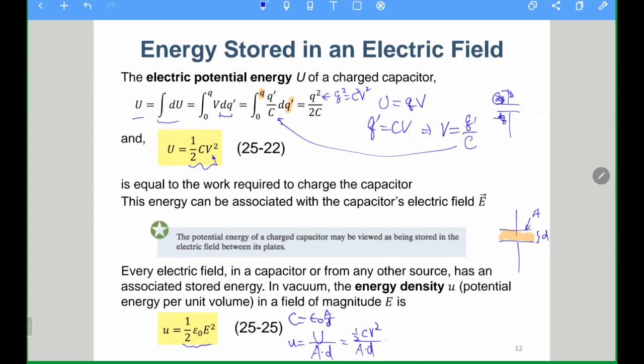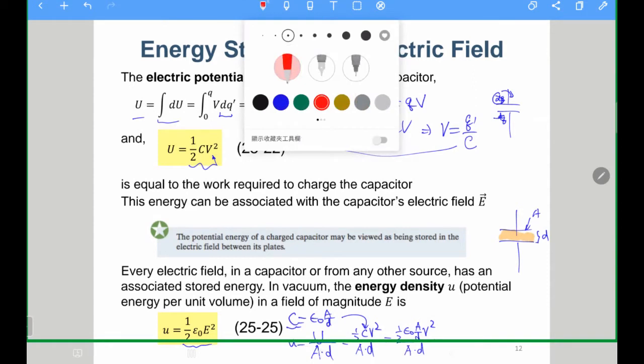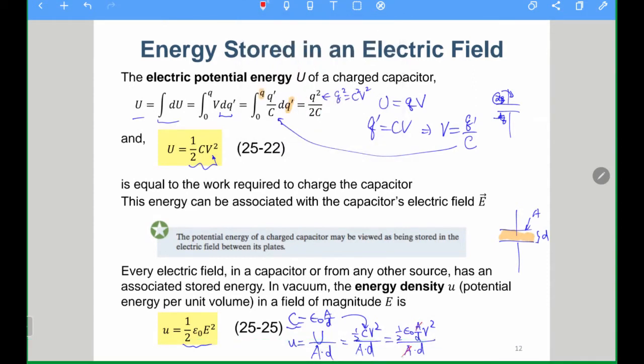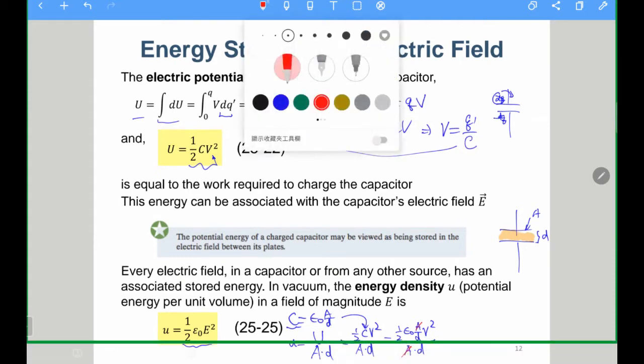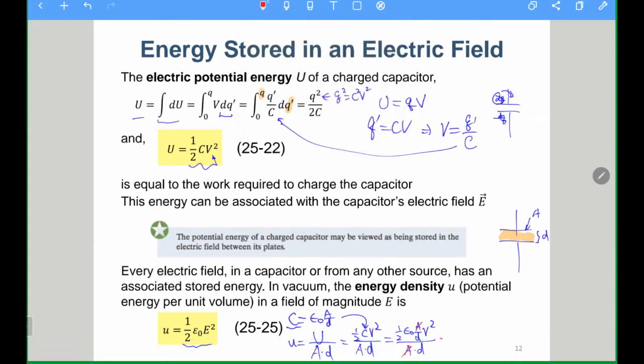So we can plug in this expression for C. We have 1/2 epsilon naught A over d, times V squared, over A times d. Here the A and A can be cancelled, and altogether we have 1/2 epsilon naught, V over d, quantity squared.